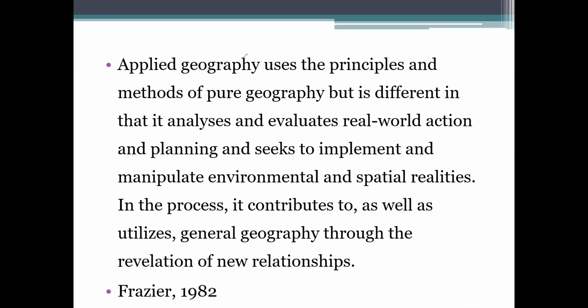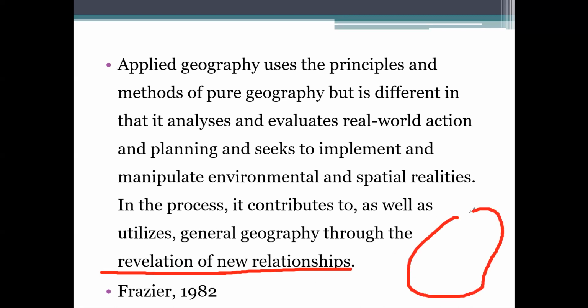Applied geography helps us to reveal new relationships. Even though we learn some relationships with traditional pure geography, sometimes when we go to the field, empirically we will understand some new relationships between different factors.